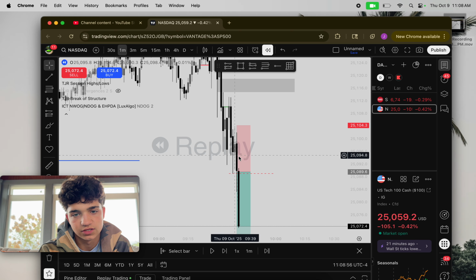As you guys can see, we break through this, enter on that closed candle, and I was targeting some internal draws on liquidity. Sorry, I'm trying to find them. I was targeting these equal lows right here.